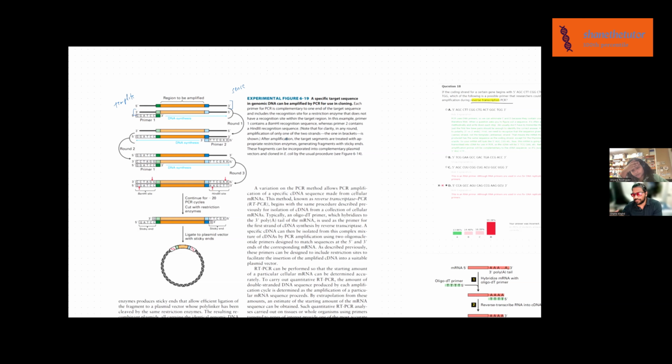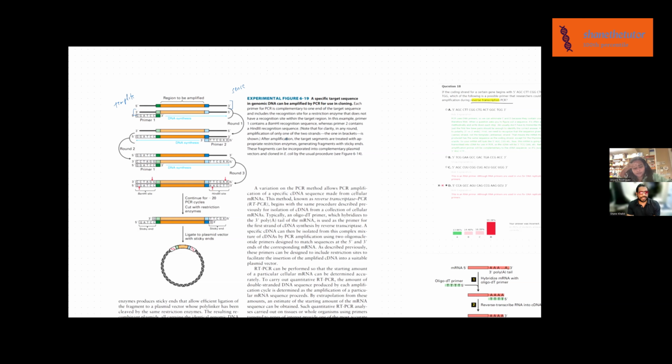So if you then build DNA that's complementary to the template strand, you get your original sense strand again. So that's what we have here with the primer and then DNA synthesis.